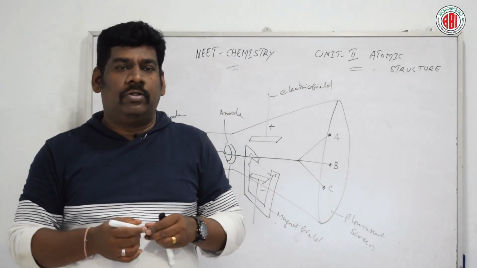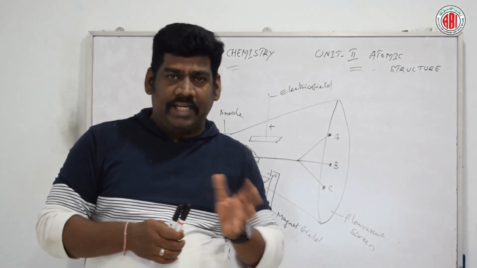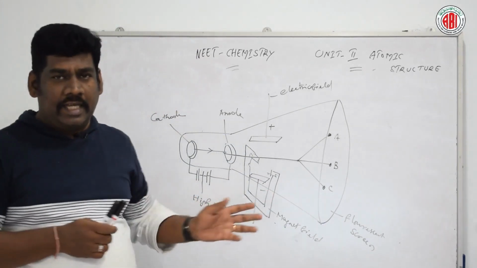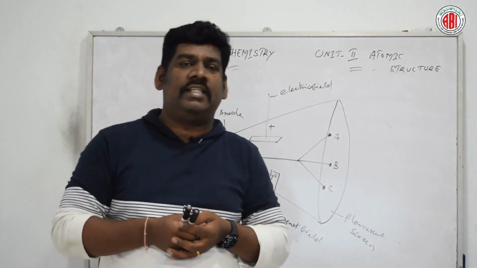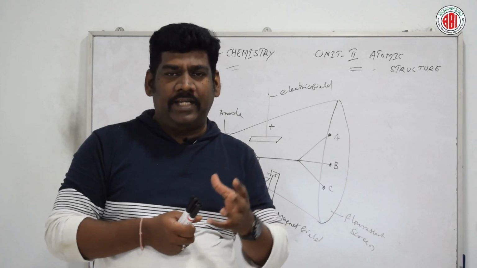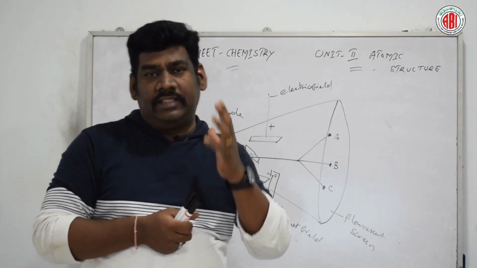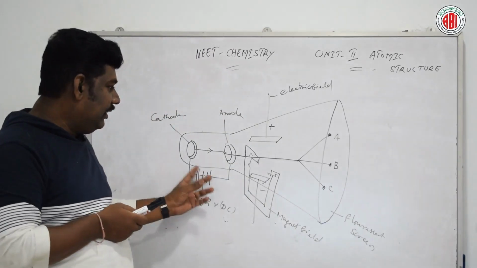So the cathode rays which move in a straight path in the cathode ray tube, Thomson suggested, deviate from their path when an electric or magnetic field is applied.